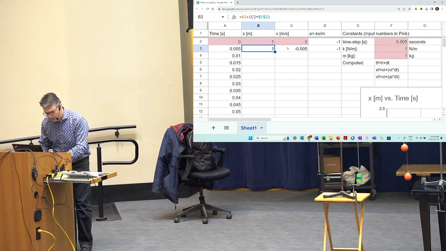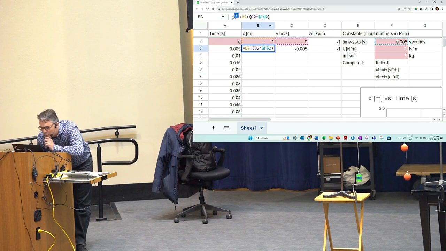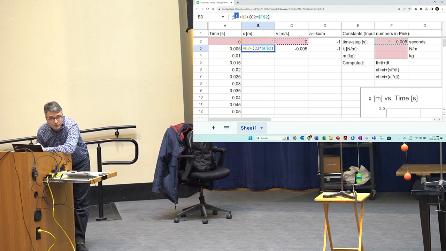And then the position is the old position B2 plus C2 times F2. Okay, so C2 is the old speed, times F2. Oh, it's the time step, so that's good. So I've just done V times delta T. So V times delta T gives you a new position.